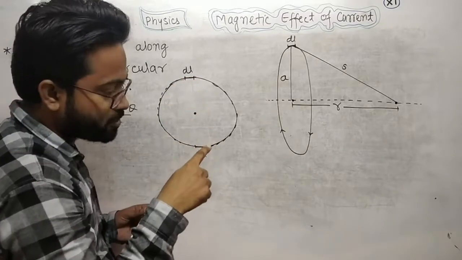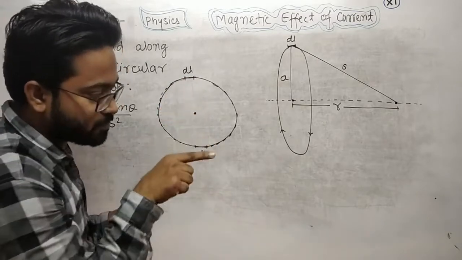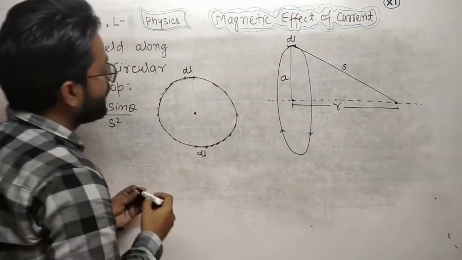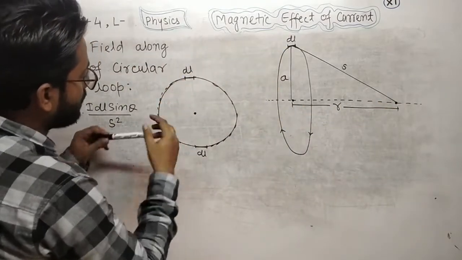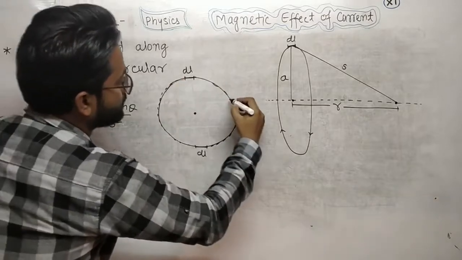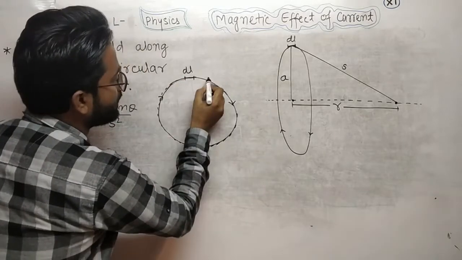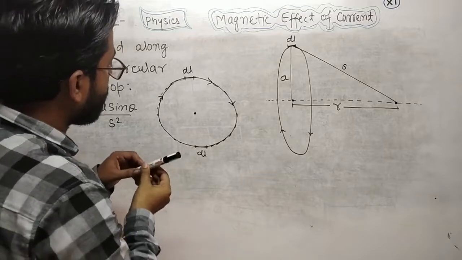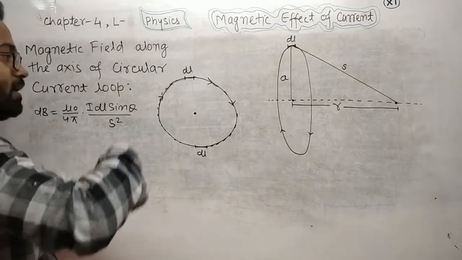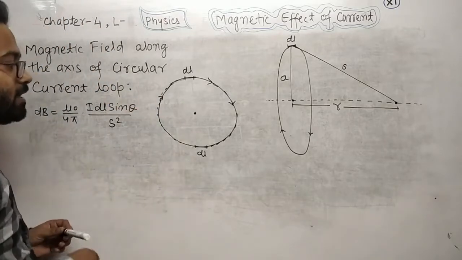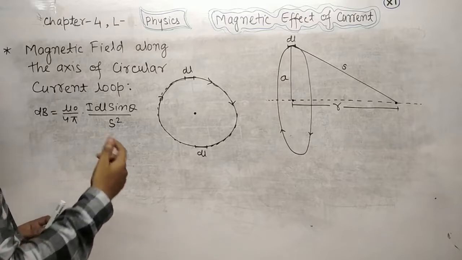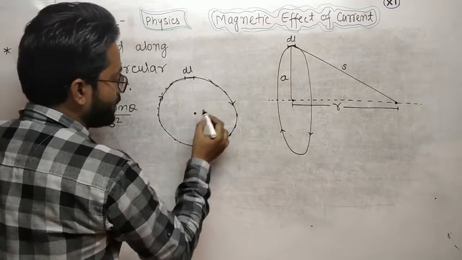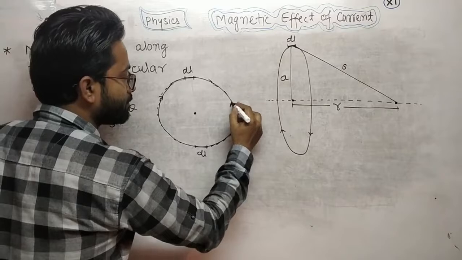This is the position vector, this is the point, and this is the current element. Current is moving in this direction, it may be in any direction.